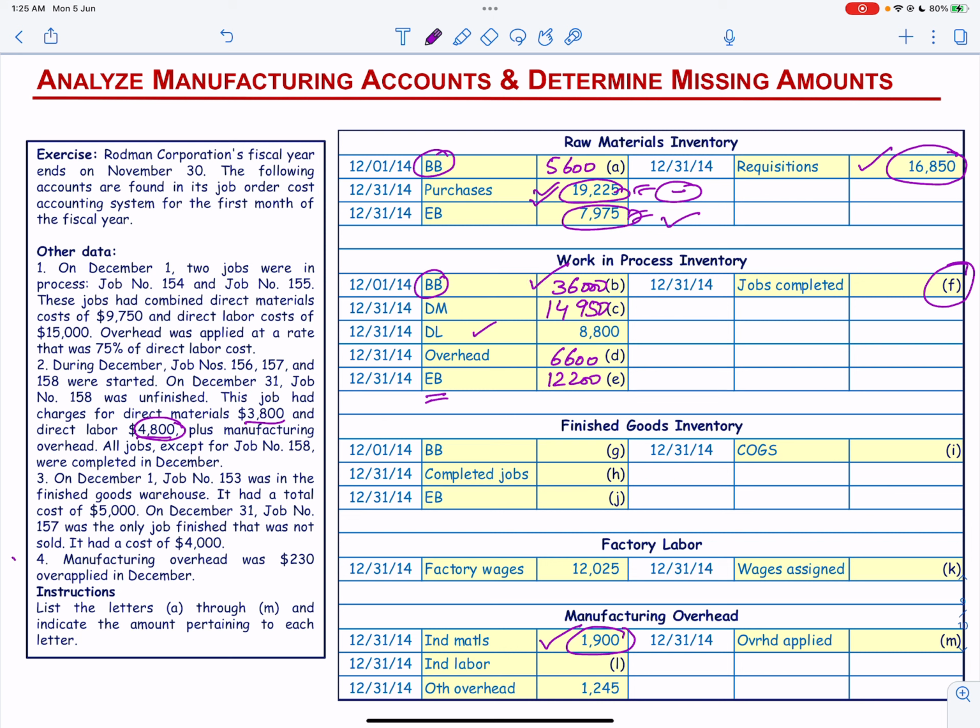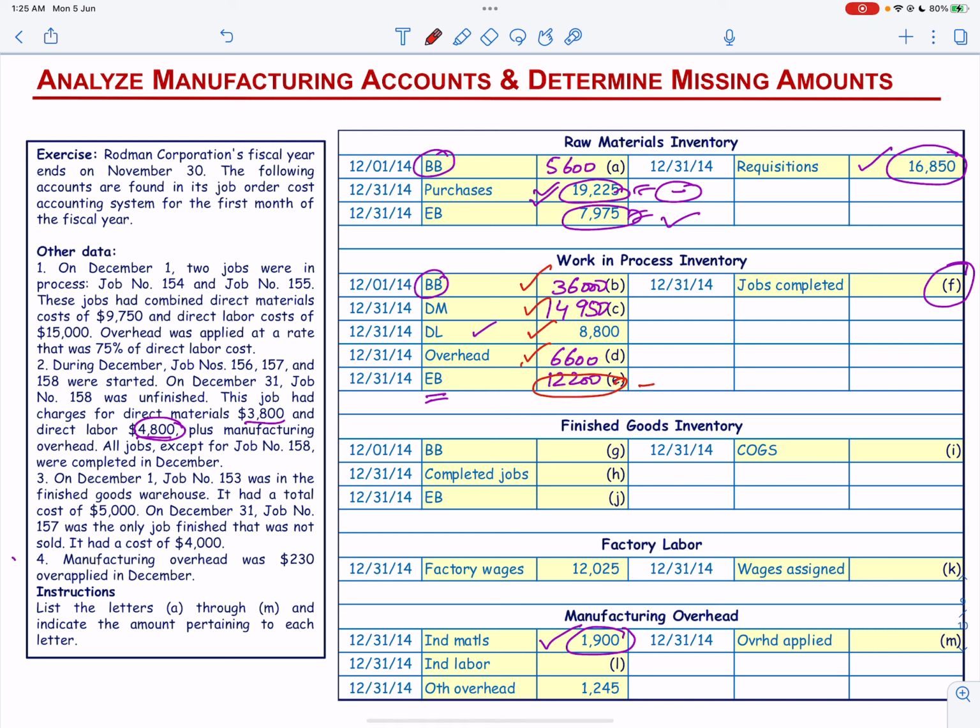To this we are going to add the direct material 14,950, direct labor of 8,800 and the overhead of 6,600, and we are going to subtract the ending balance of 12,200.